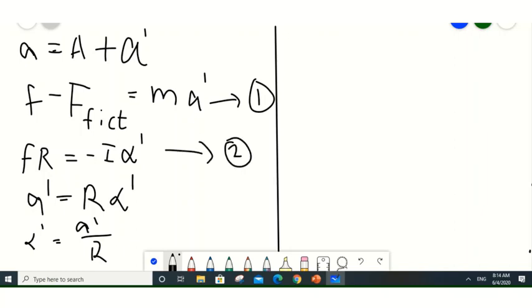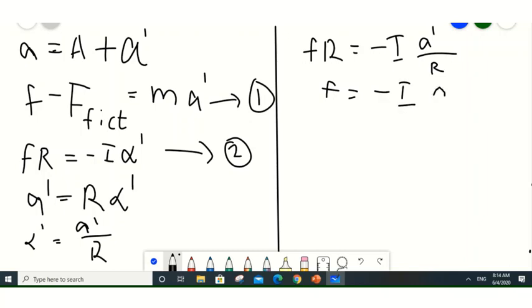If we put the value of alpha dash in equation 2, we will get fr is equal to minus I a dash by R, or f is equal to minus I a dash by R square.